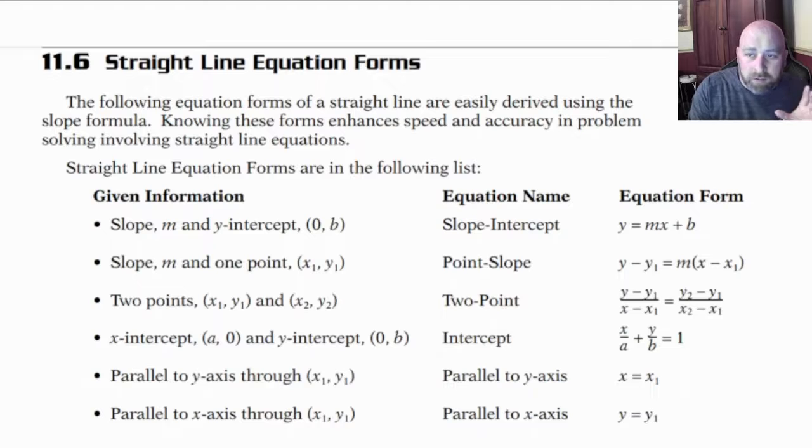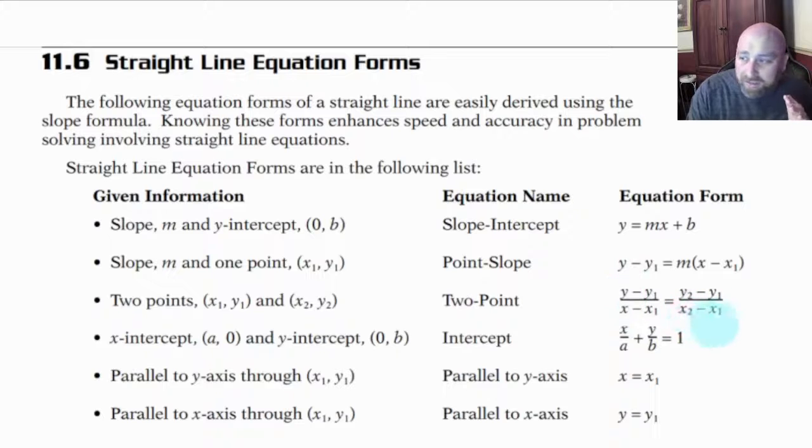If I was you, I would basically memorize this information right here. Anything on page 217 in this chart is information that you need to memorize. You need to know slope intercept form. I think you're past that. You need to know point slope form. Again, you should be past that. Two-point form is the form we've been using. When they give you 2 points, how do you find the slope?